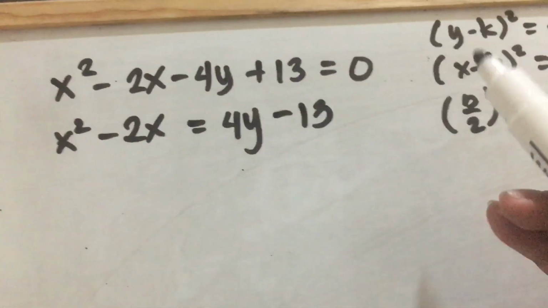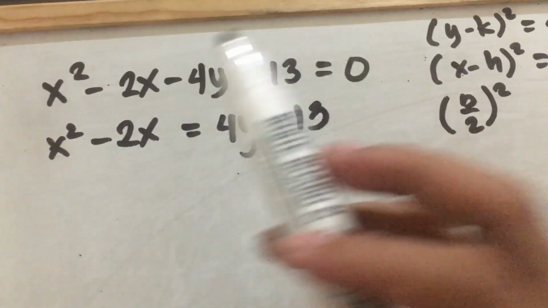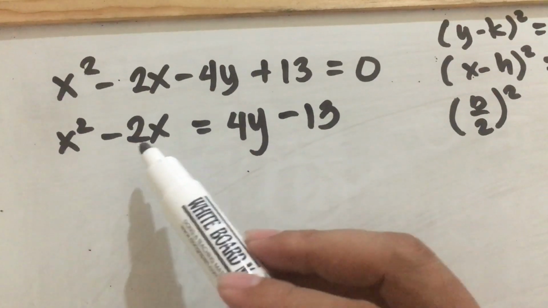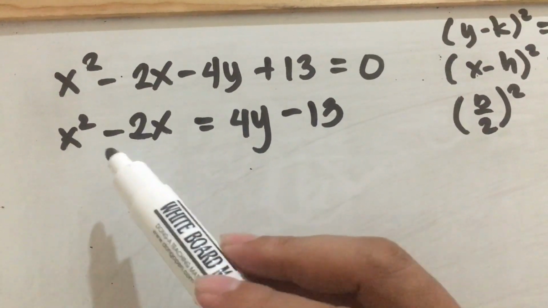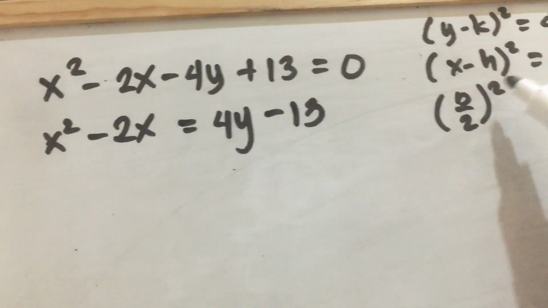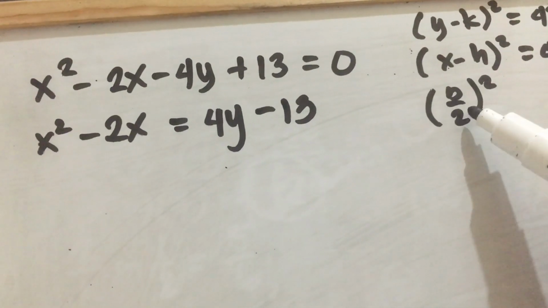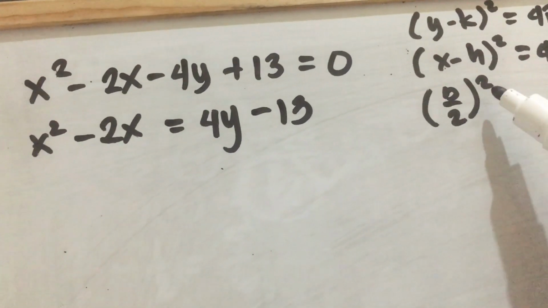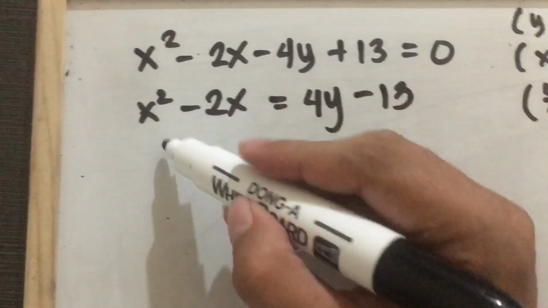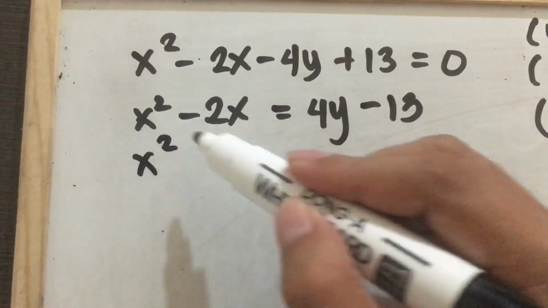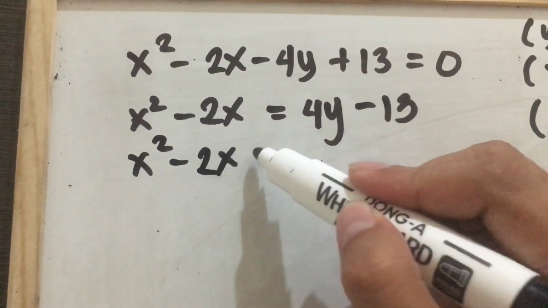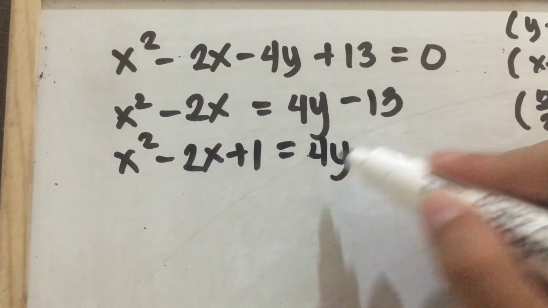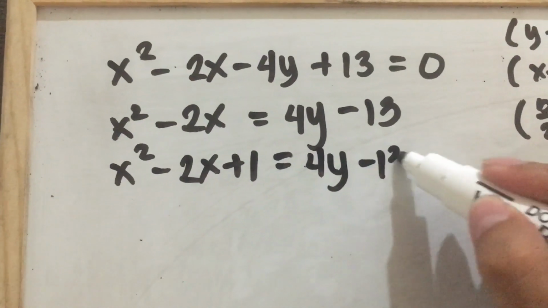We all know that the b is actually the number beside the variable x, not x squared. So therefore, your b here is negative 2. So therefore, negative 2 divided by 2 is negative 1. Negative 1, you square it, it becomes positive 1. So therefore, you get x squared minus 2x plus 1 is equal to 4y minus 13.